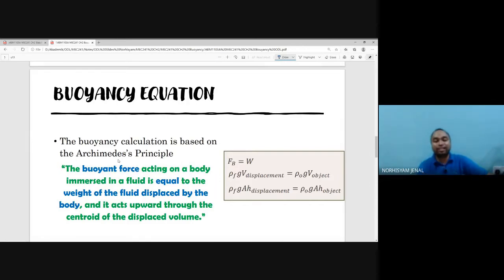The idea is that the buoyant force acting on a body immersed in a fluid is equal to the weight of the fluid displaced by the body, and it acts upward through the centroid of the displaced volume. Don't worry, the wording can be represented in a picture.